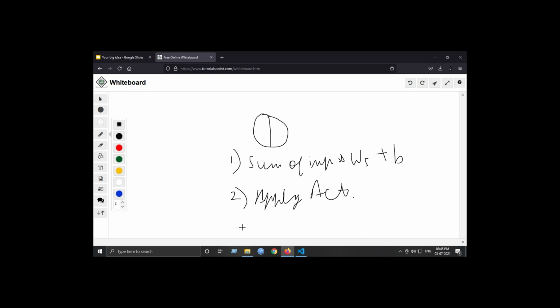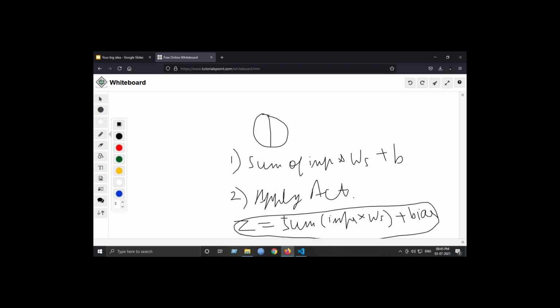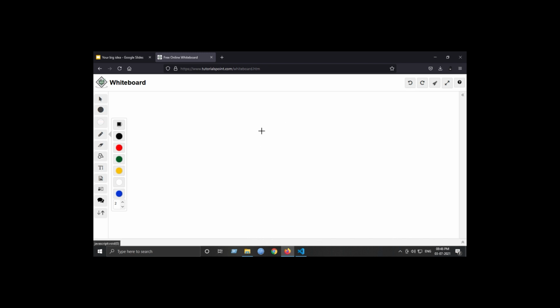So the formula becomes z is equal to the summation of inputs into weights plus bias. This is the main formula of a single neuron. Now let's talk about weights and biases.